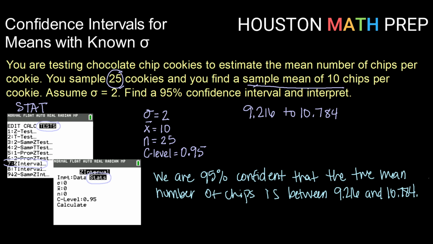Now, your answer may vary just a little bit in the way that you state it, but just make sure you've got all 3 of those elements: your interval, your confidence level, and your context for the problem.